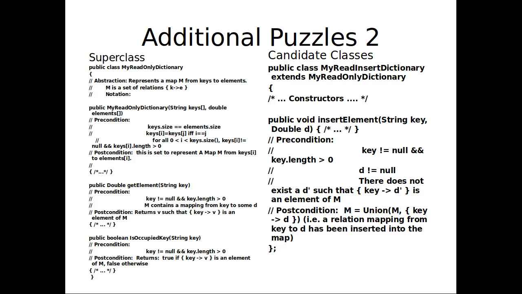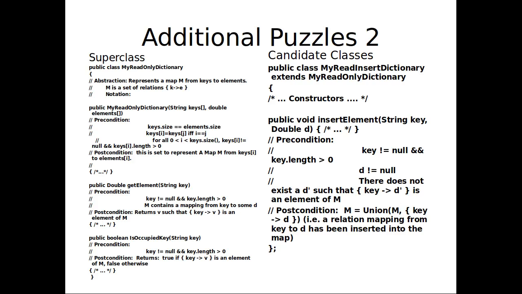Okay, so we have this. We create the dictionary once, and it has some properties involving its keys and its values. And then we can get an element. We could say, give me the value associated with a certain key, and we can ask, is a given key occupied? Is there an entry which has this certain string as its key? Okay, superclass.